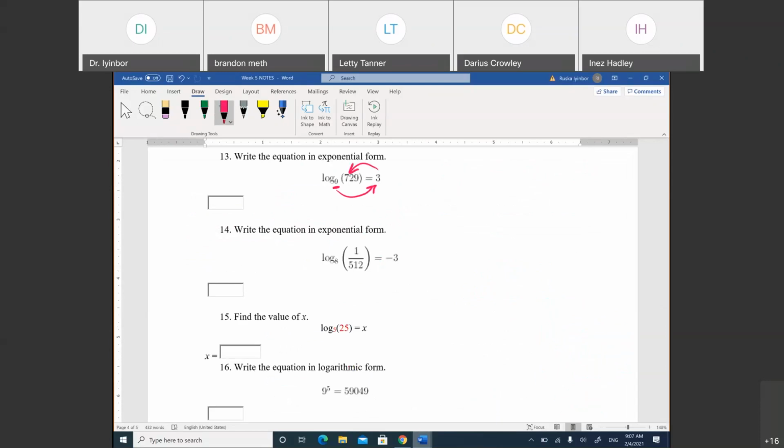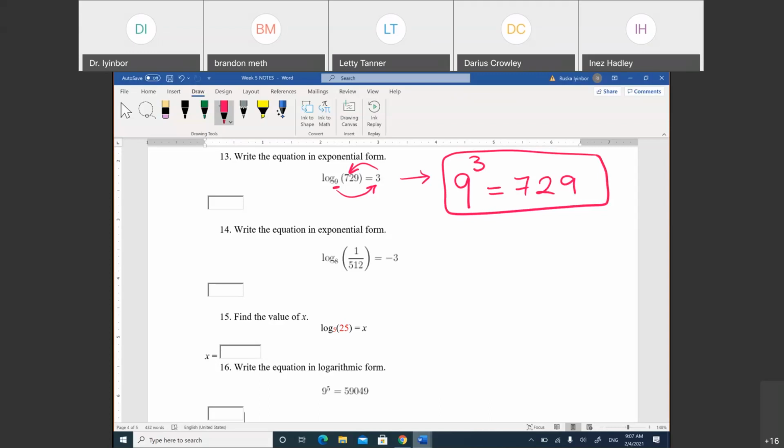So this changes to 9 with exponent 3 equals 729. You don't solve it, you don't do anything, you just switch it around. You got it? I'll show you how to enter that in WebAssign. But that's the only thing you're doing, changing logarithm to exponent.